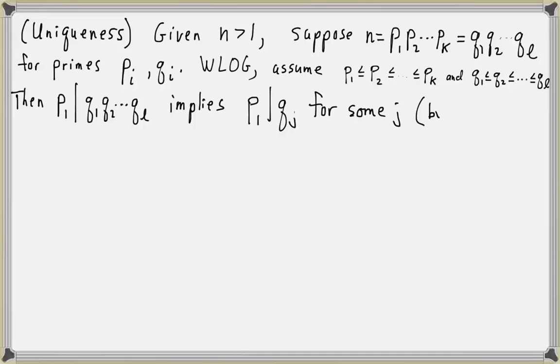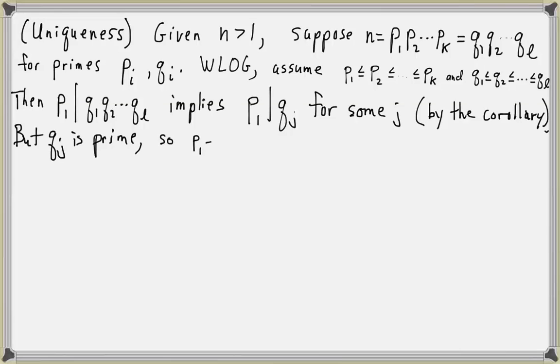Again, this is by the corollary we just proved. So p1 divides some qj. But qj is prime. So therefore, p1 must equal qj.